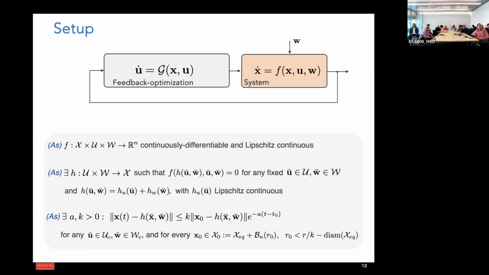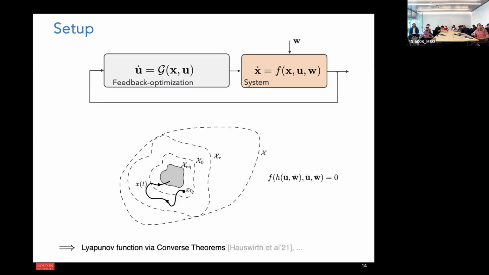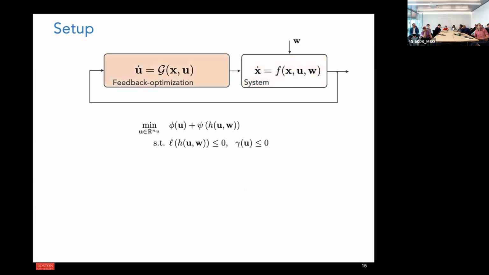I'm not going to go into the details, but I'm making all these assumptions because I can leverage converse Lyapunov theorems in order to estimate the region under which I have a well-defined Lyapunov function associated with this particular dynamical system. So this is just a standard set of assumptions that allow us to set up a well-posed regulation problem.